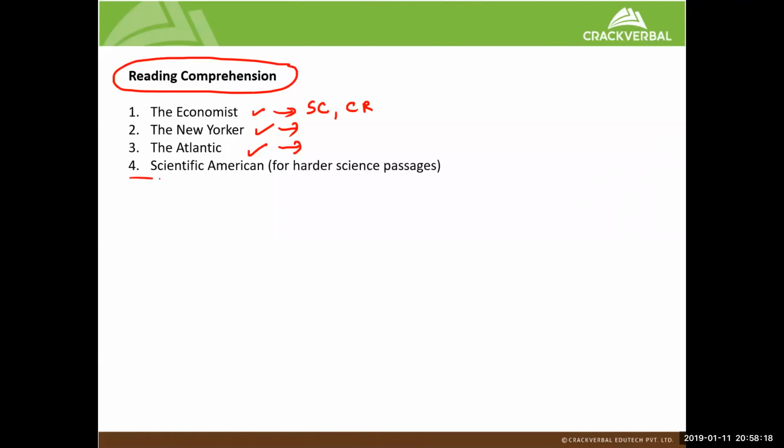And I would also recommend, personal recommendation, the Scientific American for harder science passages. Okay, science passages are going to be very dull and boring, so it's better for you to get exposed to them, right? Because what happens when you actually start reading comprehension passages, any passage which deals with something about the IT sector, I'm sure the IT guys will recollect a lot of things, right?